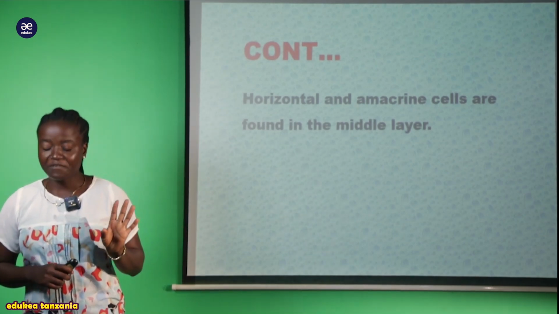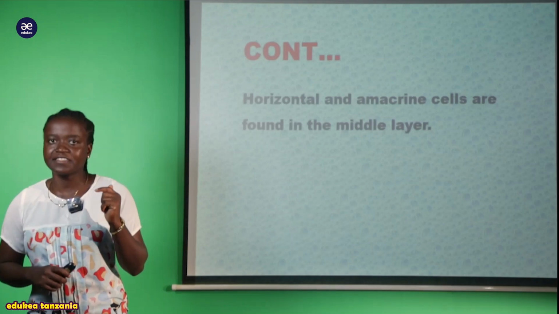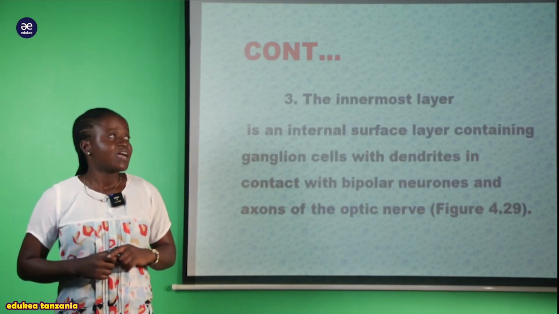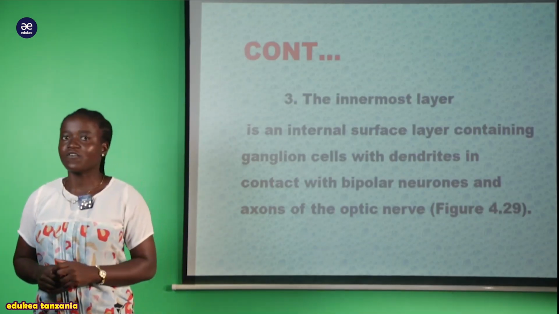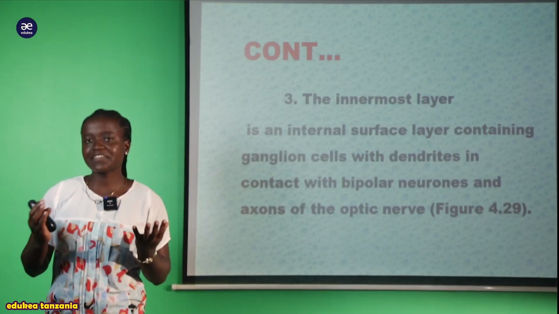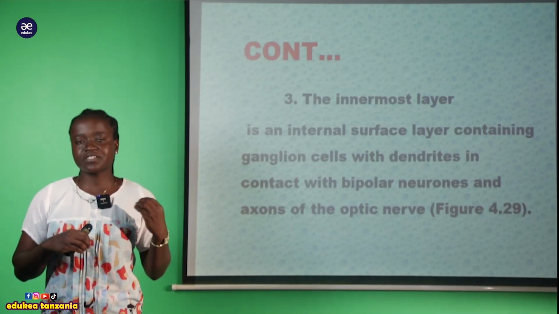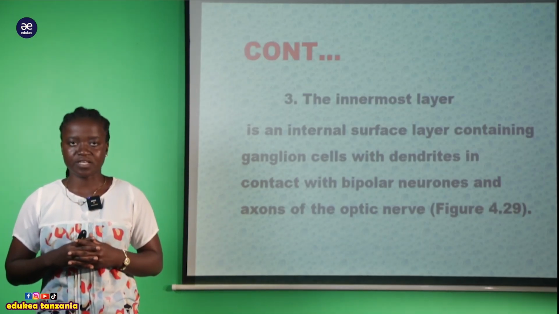And apart from the middle layer of the retina, we have another layer, and this is the innermost layer of the retina. So what are the constraints which this innermost layer possesses?